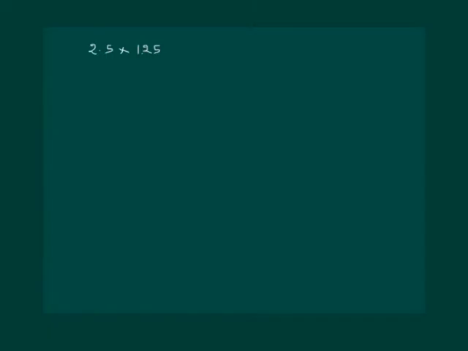Let us do another example with the same method. 2.5 into 1.25. So let us first multiply 125 into 25. This gives us 3125.